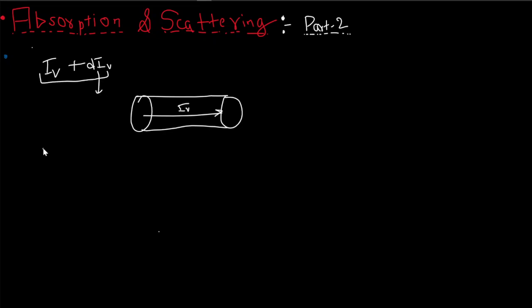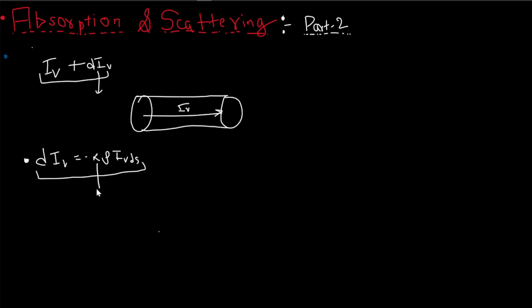There is a very important formula for how we can govern the change in the radiation intensity. This can be written as dI_ν = −K ρ I_ν ds. This formula tells us how much radiation is being absorbed in a medium.